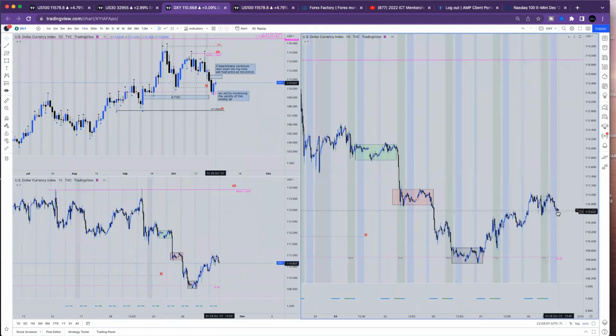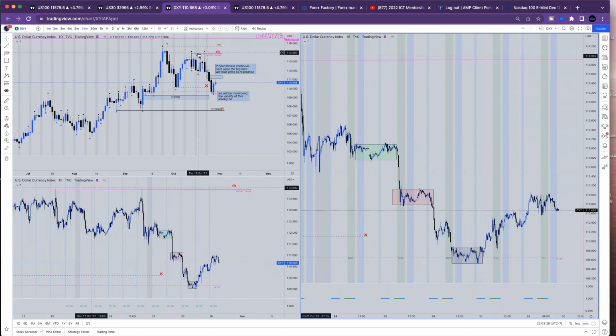So on DXY, we could see DXY attack these lows first, sending the indices higher, and then come and attack these equal highs, and eventually these equal highs as well. So we have near-term liquidity targets and framework on the DXY for bullishness.